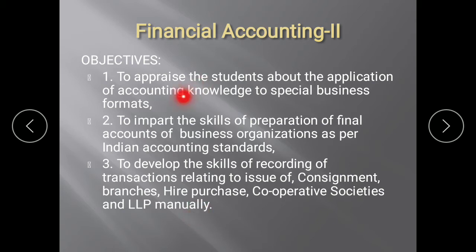So overall we can say that the subject is introduced in order to impart the skills of preparation of different types of accounts for different types of transactions like consignment, branch or hire purchase or limited liability partnership.